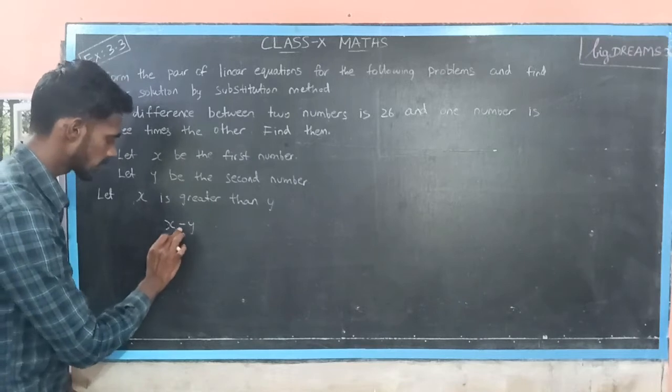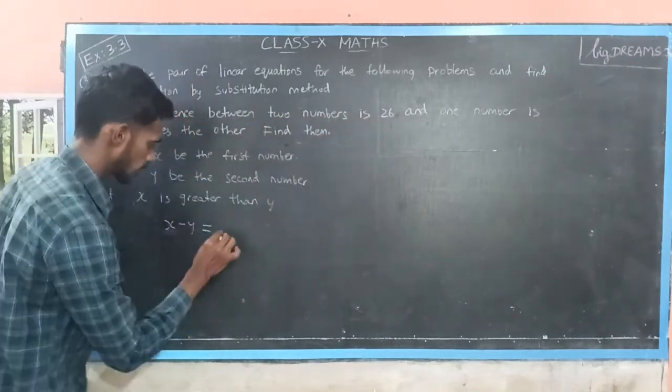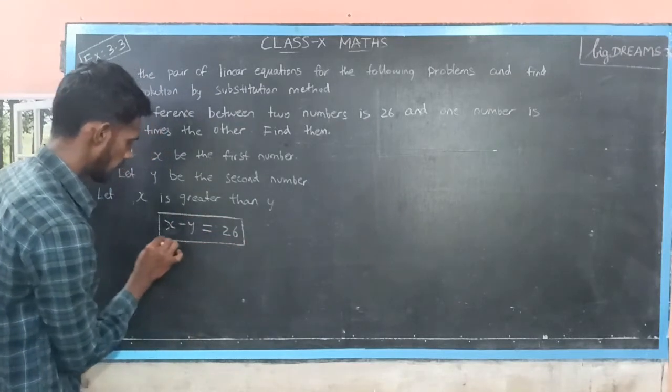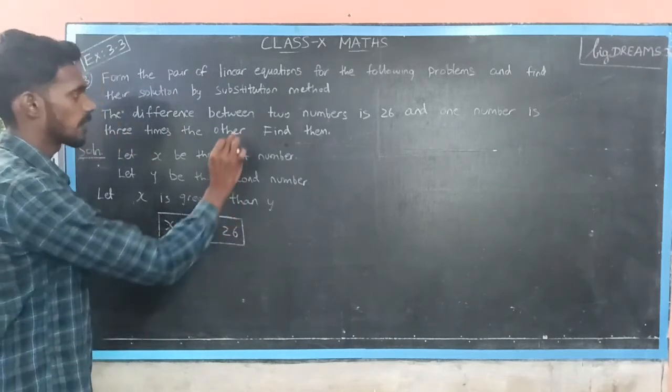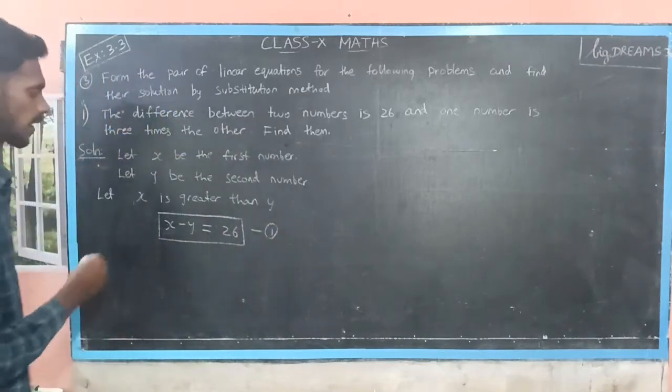Clear? So, it is x minus y, and the difference between them is 26. So, the first equation: x minus y is equal to 26. Thus, we have framed the first equation, name it as number 1.